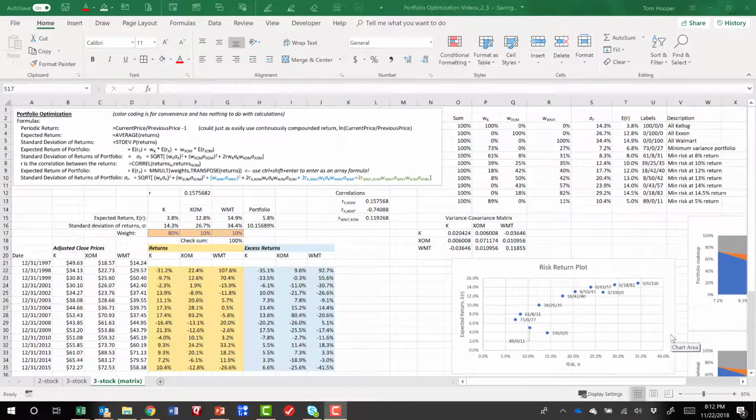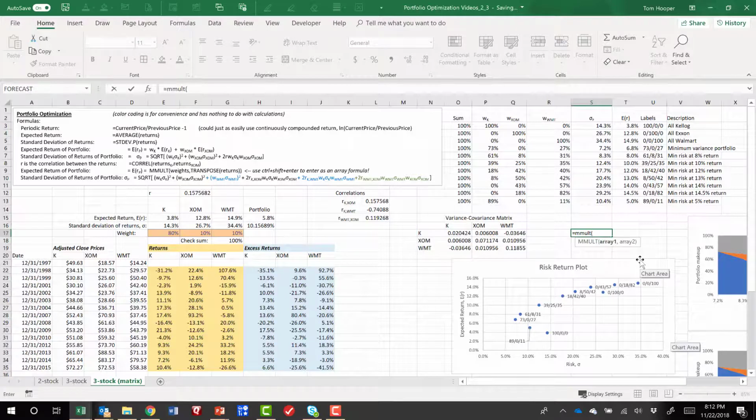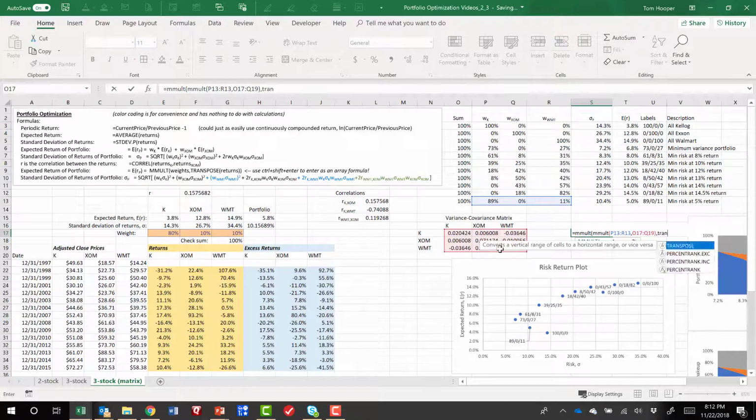From that matrix we can calculate the risk of the portfolio in one cell. It's the matrix multiplication of an array which is itself the matrix multiplication of the weights, the variance covariance matrix, with the transpose of the weights.